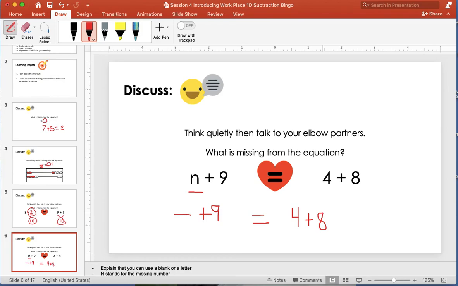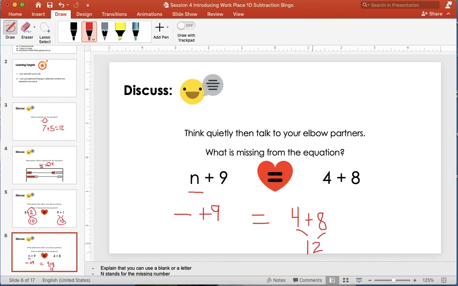So first you want to think about what does 4 plus 8 equal. I'll give you about 5 seconds to think about what does 4 plus 8 equal. Okay, 4 plus 8 equals 12.